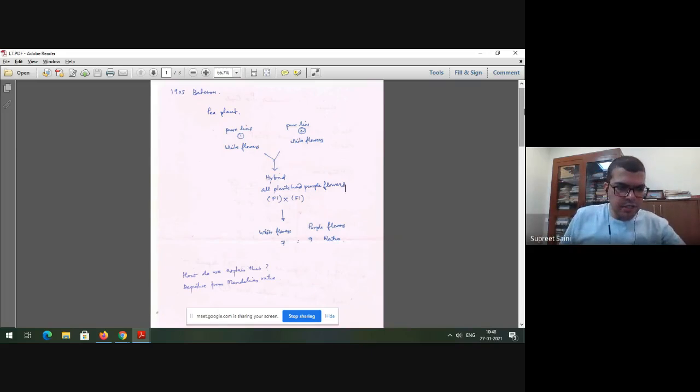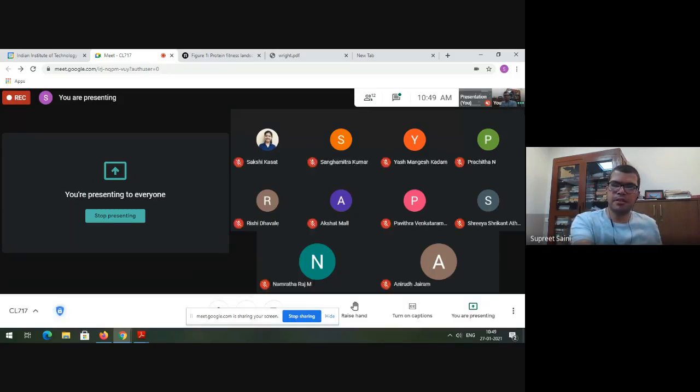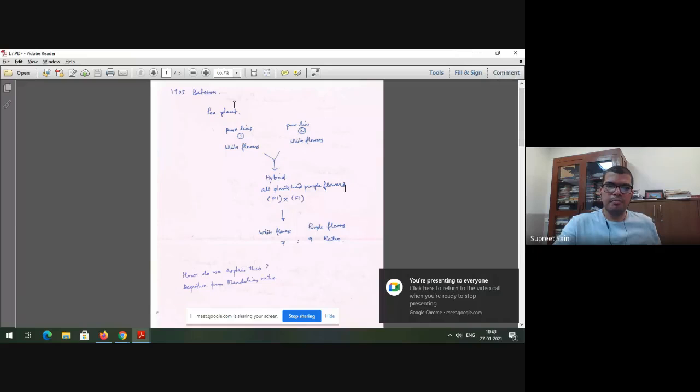The biochemistry and the precise nature of what was happening in this particular system was figured out in the 1990s, but the genetics of it, again by pure logic, was explained in 1905 in this paper published by Bateson. Pure line 1 always gives white flowers. Pure line 2 always gives white flowers.